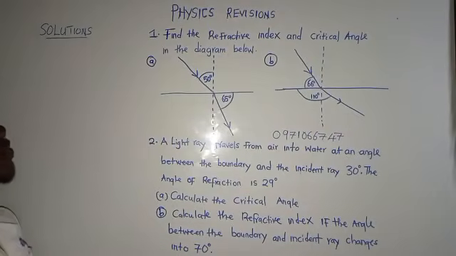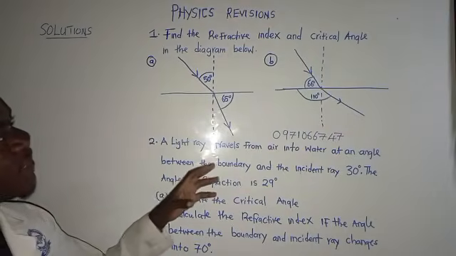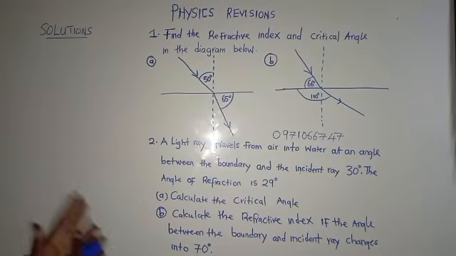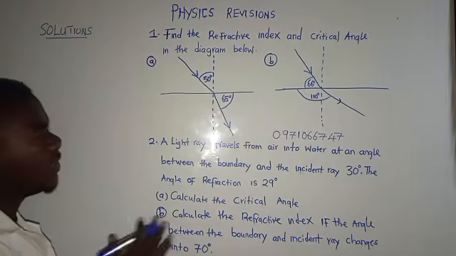So we are asked to find the refractive index and the critical angle in the diagram below. These are two diagrams that we are given. We want to find the critical angle and the refractive index.